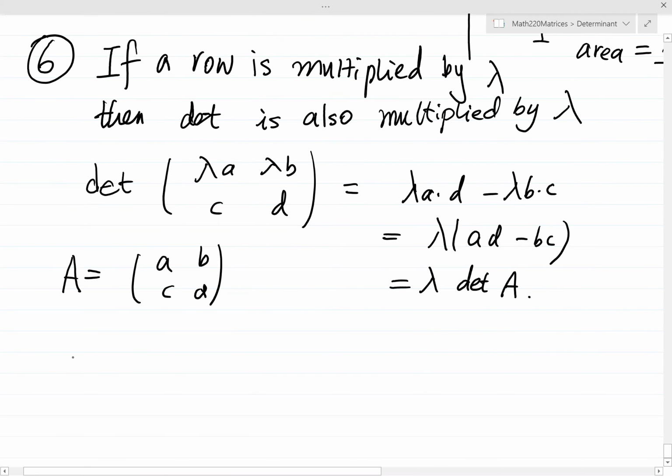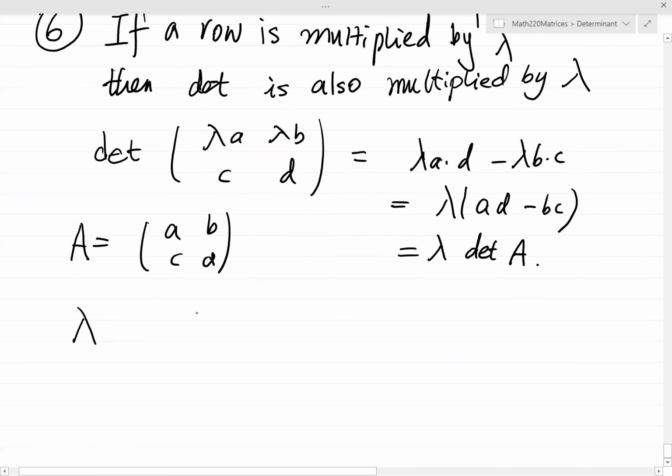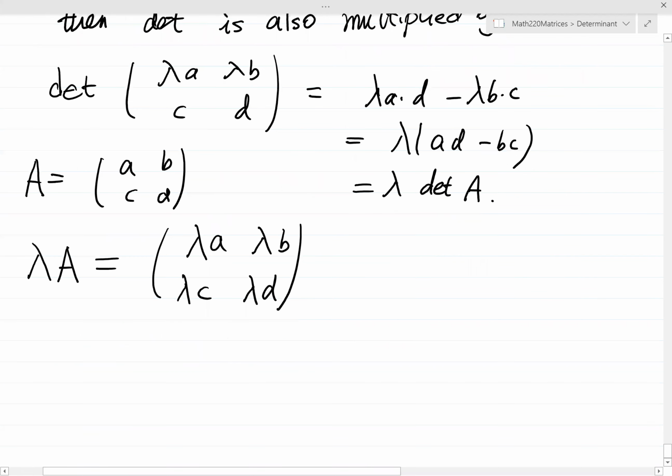Now, the definition of multiplication of a matrix by a scalar is that we multiply every entry by lambda. That is, we multiply every row by lambda, i.e., we skew every dimension by lambda: height, base, length.